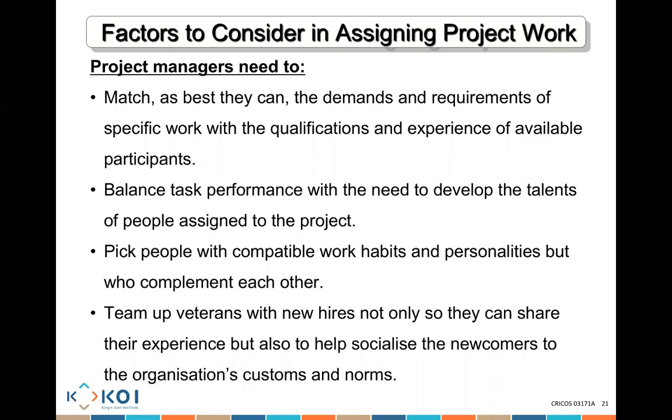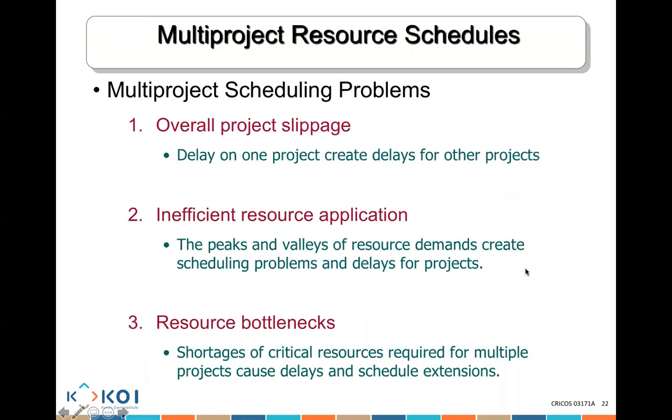Pick people to work together if their personalities match, if their habits match. They can complement each other. Have people who are very experienced work with people who are not experienced, because you want this socializing of newcomers. You want them to feel part of that extra learning that they are going to build. A lot of the time there's a problem. There's a multi-project scheduling problem.